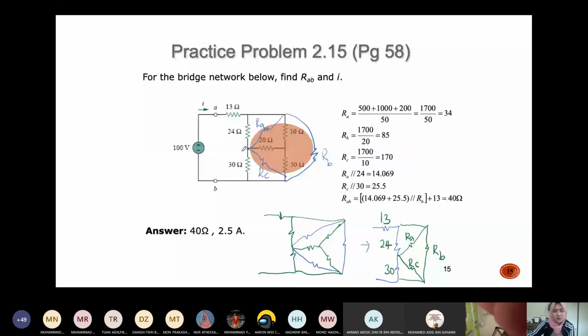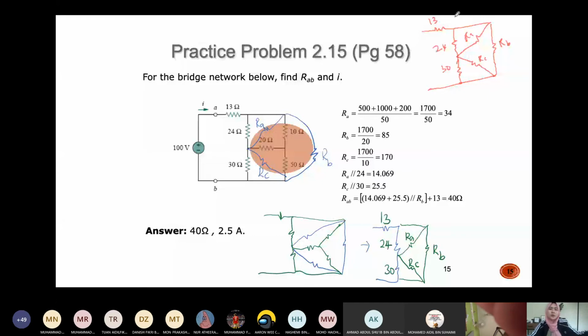I convert it into a delta network. So if I redraw this circuit, I will get a circuit like this. This is RA, this is RB, RC, this is 24, this is 30, and this is 13. Okay, this one I already converted to the delta network.